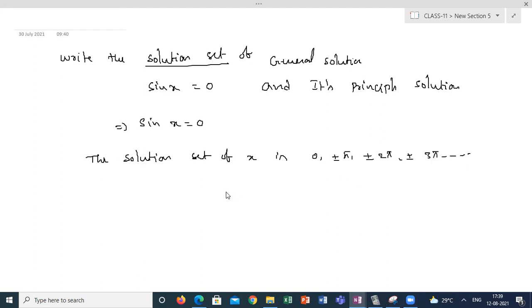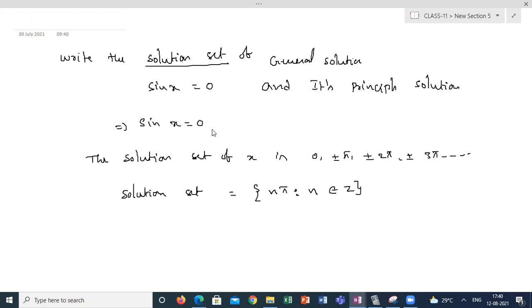Is it clear? So the solution set or general solution of sin x is n pi, such that n belongs to the integers. Is it clear, guys, how to write the solution set?